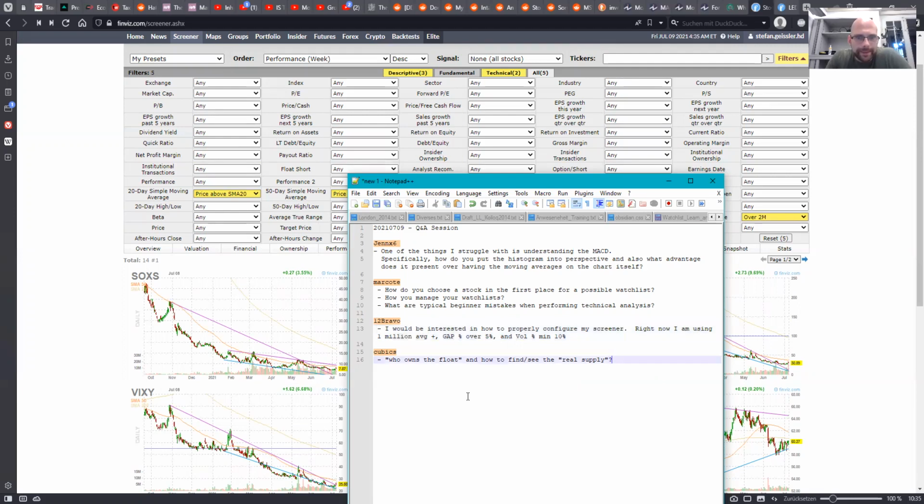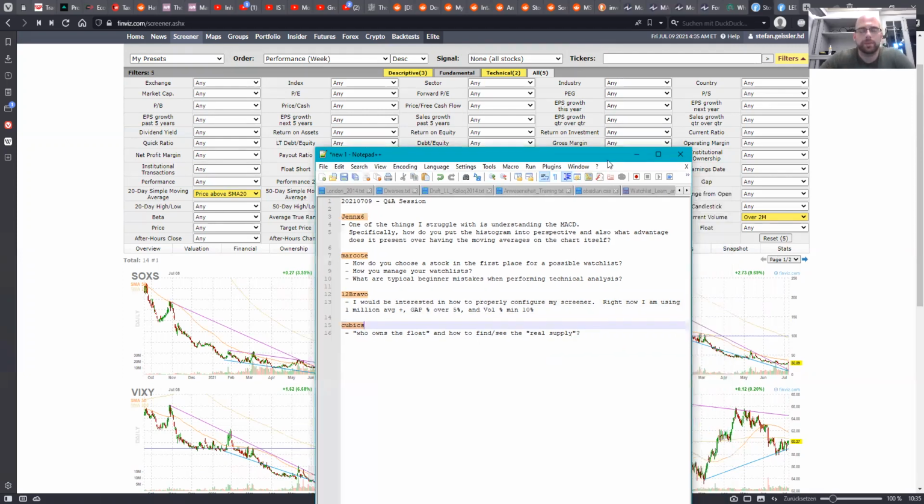Let's see. So Kubik's question is a bit complicated because it resulted from the market maker discussion we've had. We can't really see what market makers do. If you have access to level 2 data, you see the order books, but they can also be faked. It's a bit hard to see.